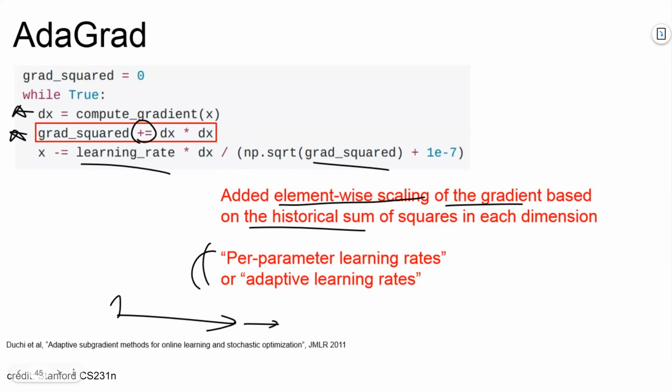If in another direction the amount of update was small, then in the next step the step will be increased. After all, the updates in all directions will be balanced. That's what AdaGrad is doing.